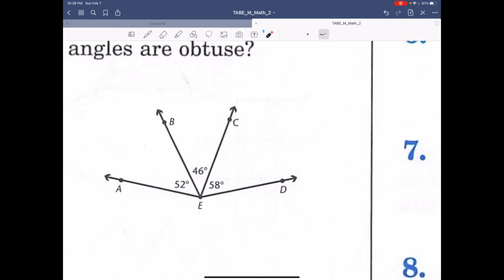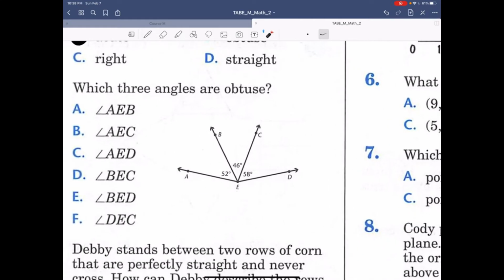So let's look for those. And I think I'm just going to go by the choices. Angle AEB, A to E to B, that's 52 degrees. That is not obtuse, but let's write it down here just the same.